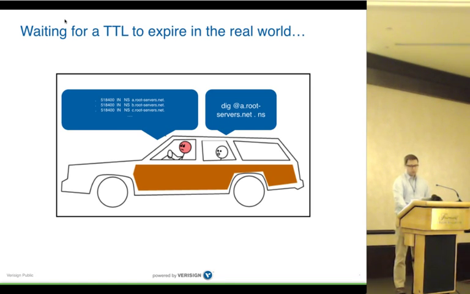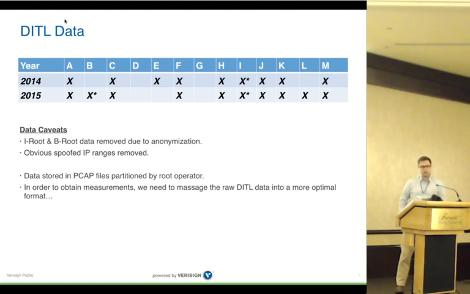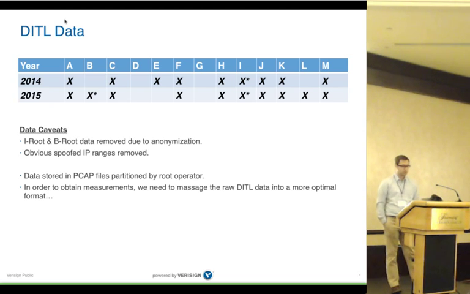So without that, I thought maybe giving an overview of the data that we actually analyzed so we're all on the same page might be in order. For the purposes of the report, we only analyzed the DITL 2014 capture due to time constraints. I think DITL 2015 was occurring right at the end of when we were wrapping up the report and we just didn't have time. So in 2014, we had 9 roots present.